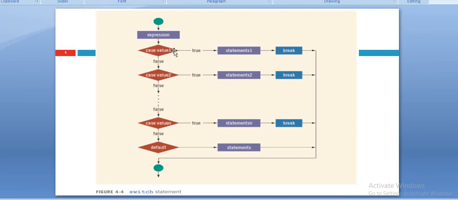If this condition is false, then it will go and check the second case statement. If it is true, the statement will be executed as Tuesday, for example. And yes, it is matched, it is checked. Now the break will be executed and it will bypass the rest of the case statements.